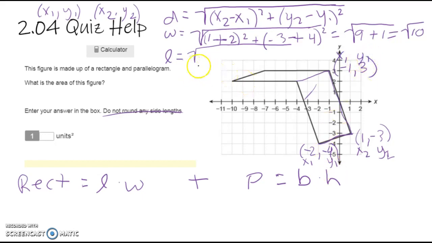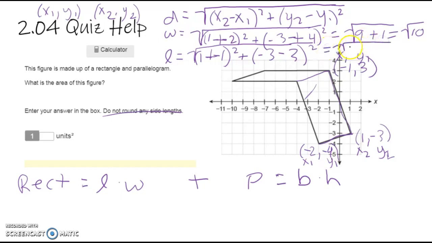So now we plug in again. x2 is 1 minus a -1, add up, square it, plus y2 minus y1, which is -3 minus 3, squared.